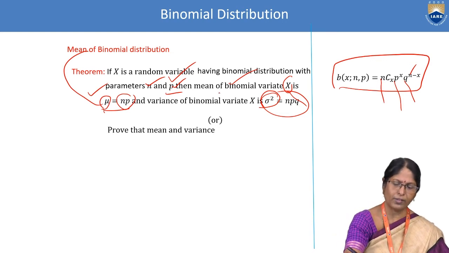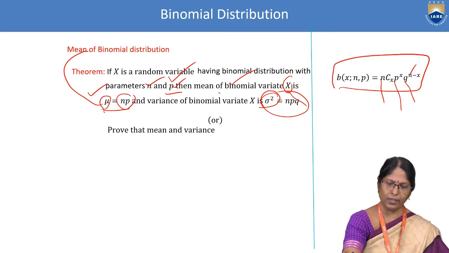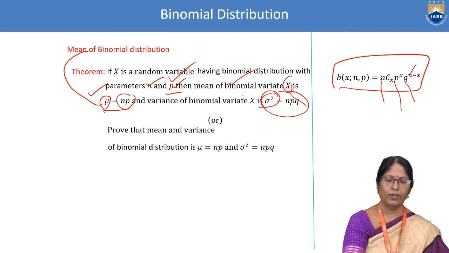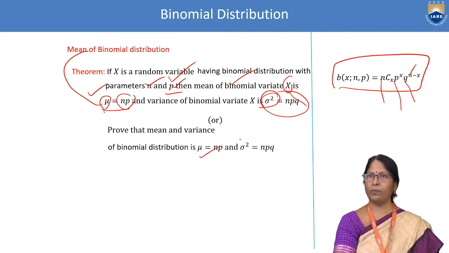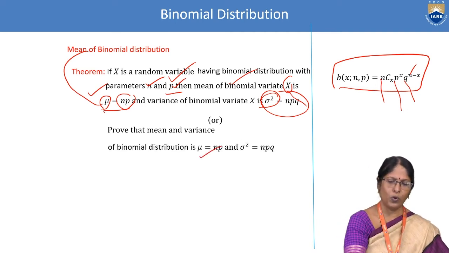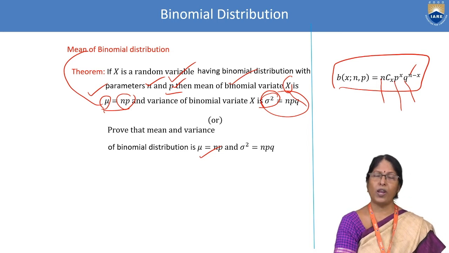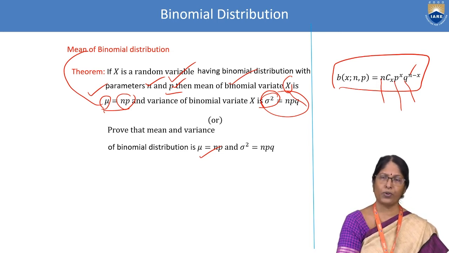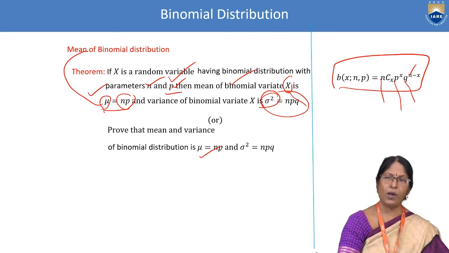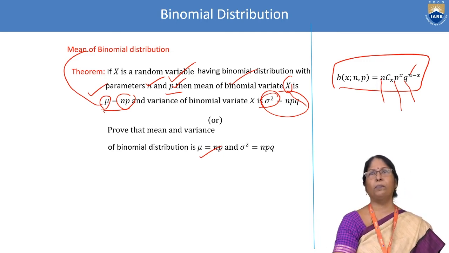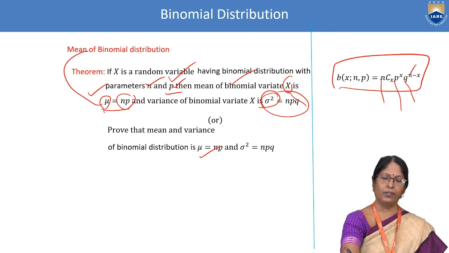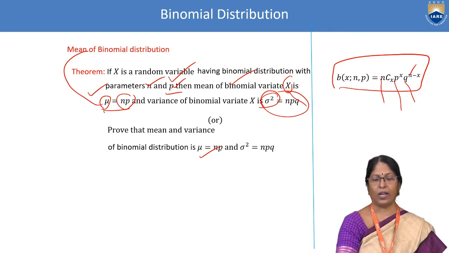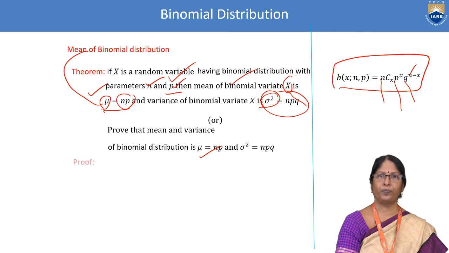It can be asked this way or that way. That is, prove that the mean and variance of the binomial distribution are mu equal to np and sigma square equal to npq. Either this or this can be asked.